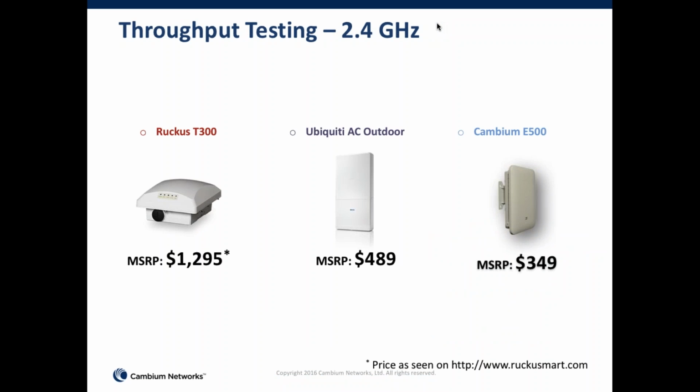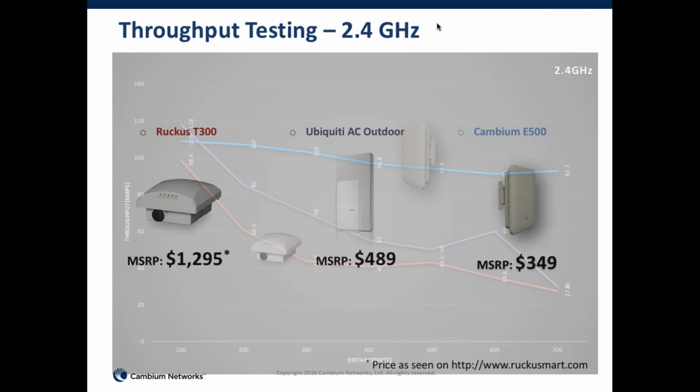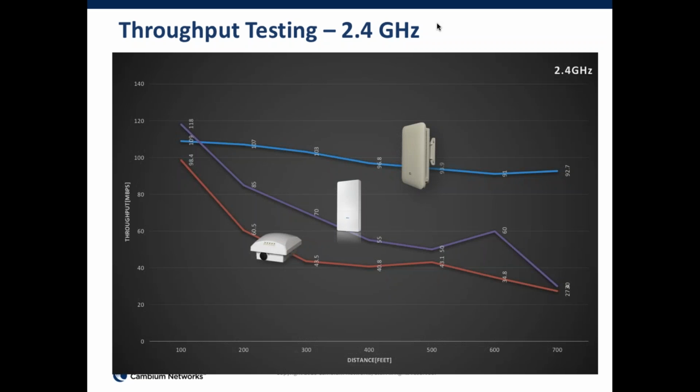Now, here's the kicker. The E500 comes in at a list price of $349. When you look at some of the other popular brands out there, this is lower priced than most of them. And this is a snapshot of our own performance testing. We ran the E500 against some of these popular brands, the one in white and the one famous for beam flexing.